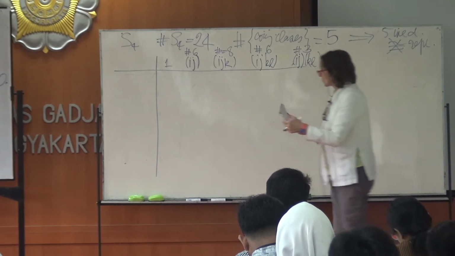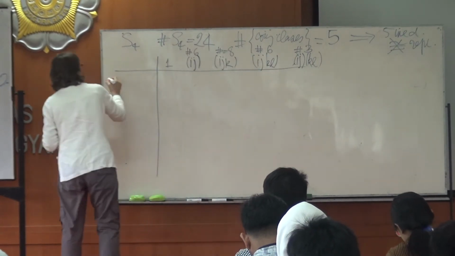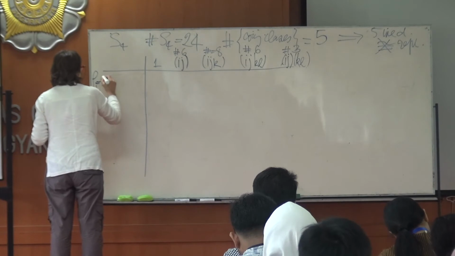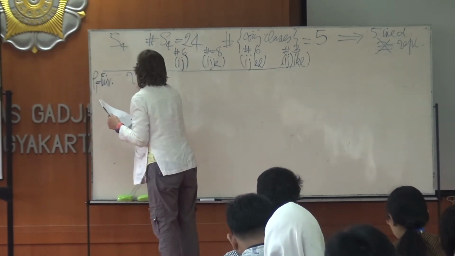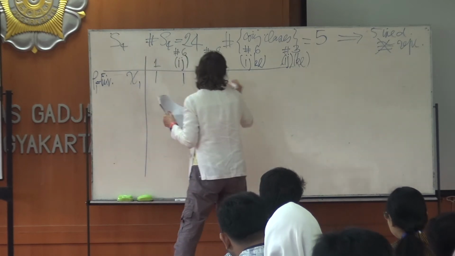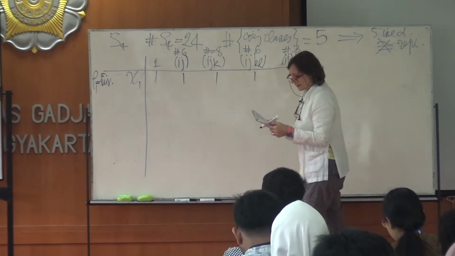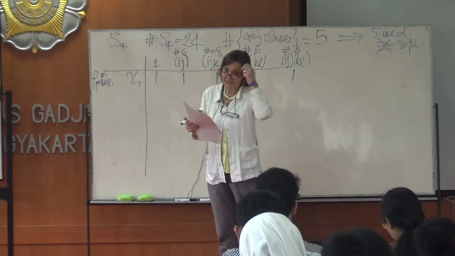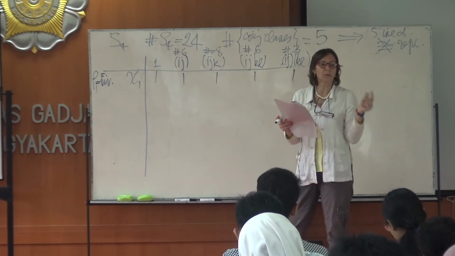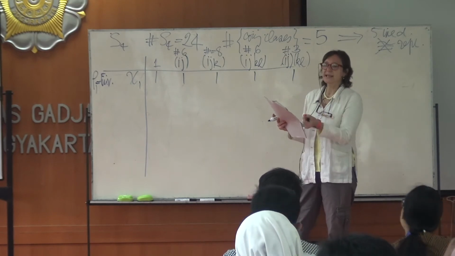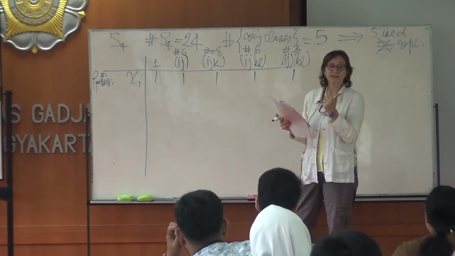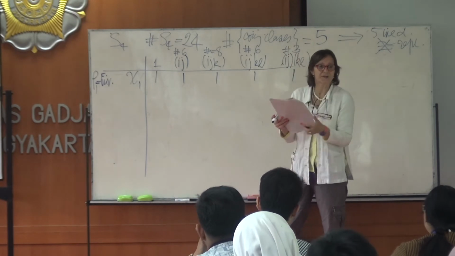Okay, so we start with row 1 equal to the trivial representation, and so the character is 1, 1, 1, 1, 1. Then we have the sign representation. You remember, it is the homomorphism from S4 to plus or minus 1 that sends to 1 the even permutations, the ones that we saw earlier, A4.